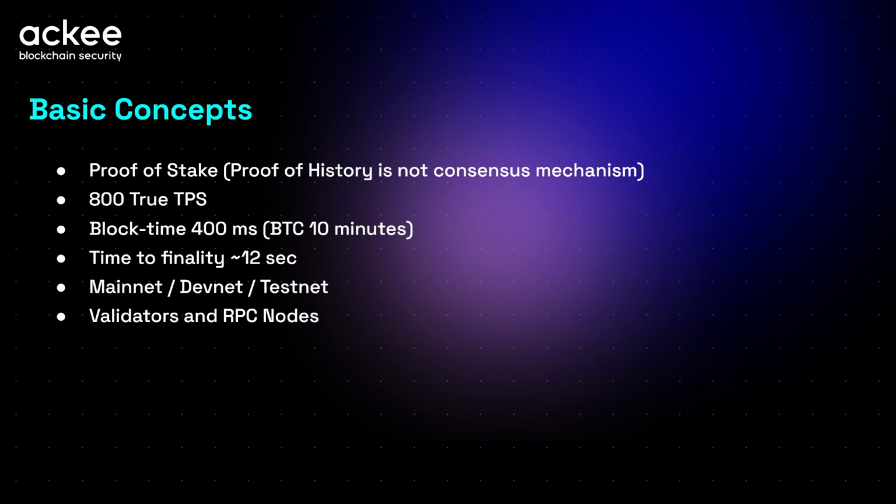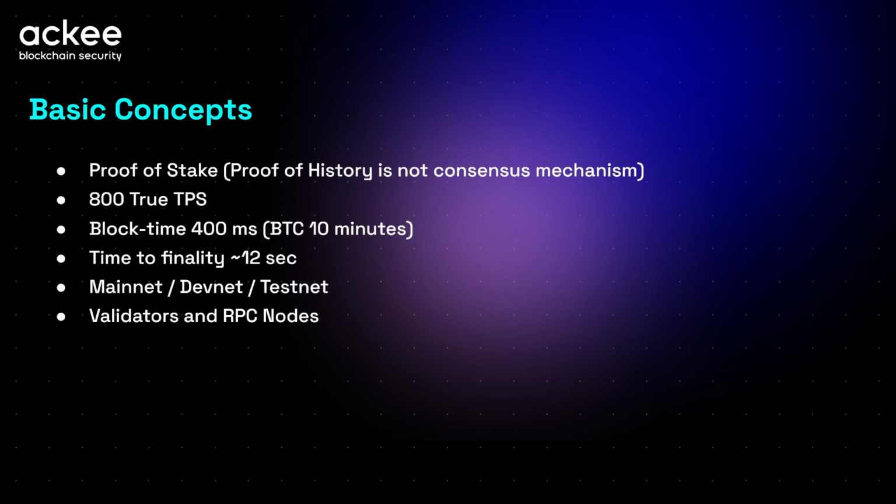This information is taken from Solana FM, but if you open any other Solana explorer, I'm thinking about Solana Explorer, you will see a higher number of transactions per second, approximately something like 2,500 or 3,000. And these transactions also include vote transactions sent by validators.